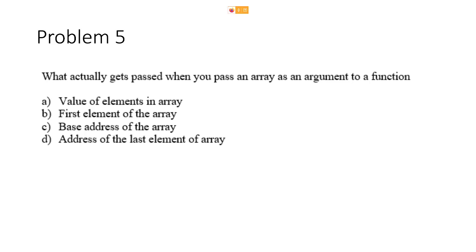Yeah. So the name of the array is actually the address of the array. It's the address of the first element, and that is called the base address. The base address of an array means the address of the 0th element, or the first element. I'm saying 0 because indexing is from 0, or I can also say it's the first element.